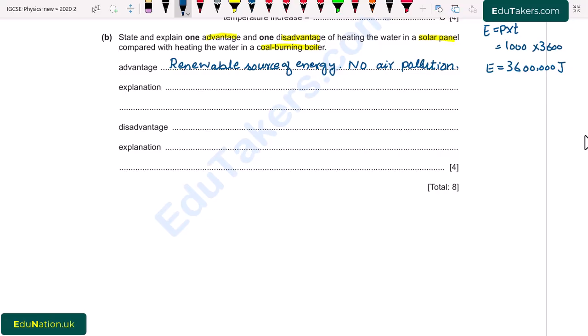Explanation is that it is a reliable source of energy and it gives better environment, and it is better for environment. So I write here reliable source of energy, and as it does not cause any air pollution, that's why it's better for environment.